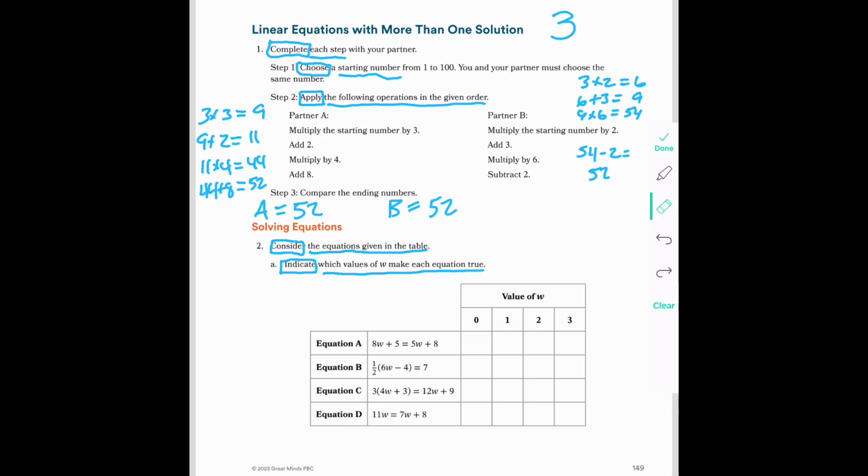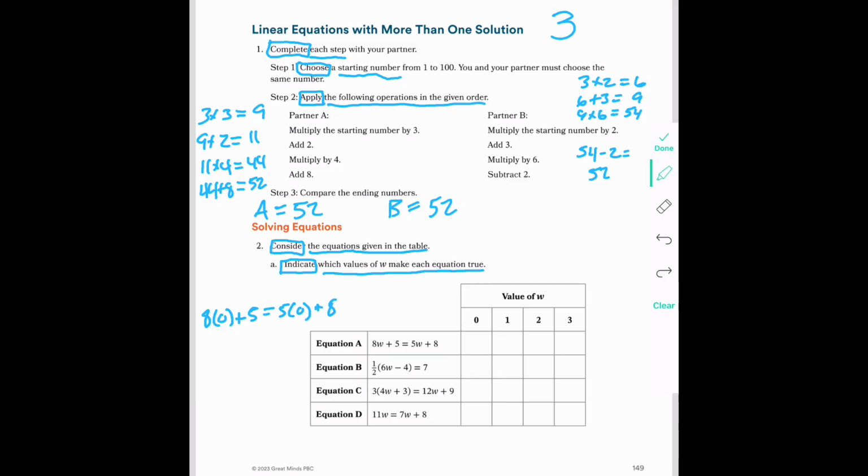All right, so I'm doing equation A. The first number I need to think about being w is 0. So if 0 is w, that means for equation A, I'm doing 8 times 0 plus 5 is equal to 5 times 0 plus 8.